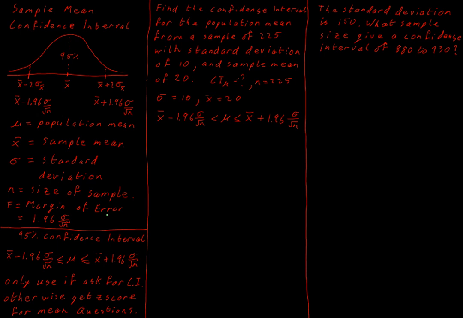So if we took larger samples, we'd be narrowing down the error, and we would have a better idea of what the population mean would be. So let's sub into our formula. We have x bar is 20 minus 1.96 on sigma is 10 all over the square root of 225.